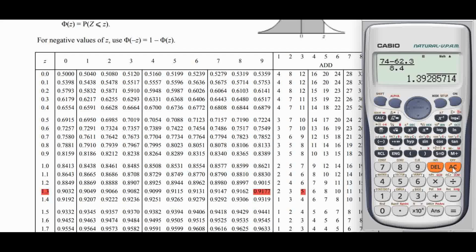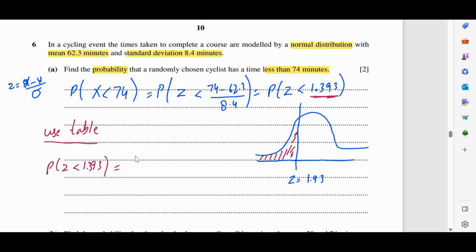Let me write it over here. 0.9177 plus 0.005. There must be another 0 over here. So this will be equal to 0.9182. Yes, 0.9182 will be the final answer. This will be the final answer.